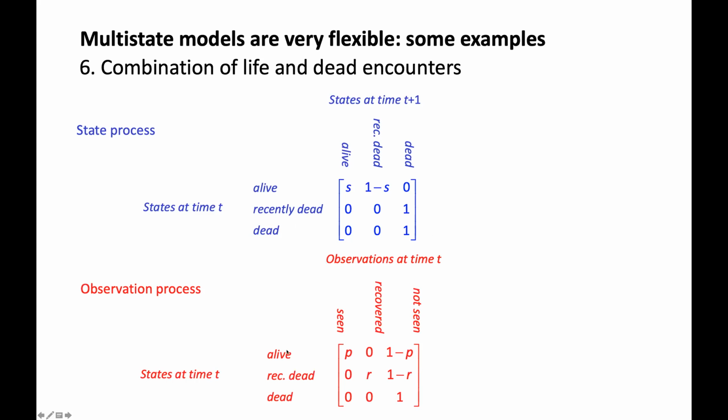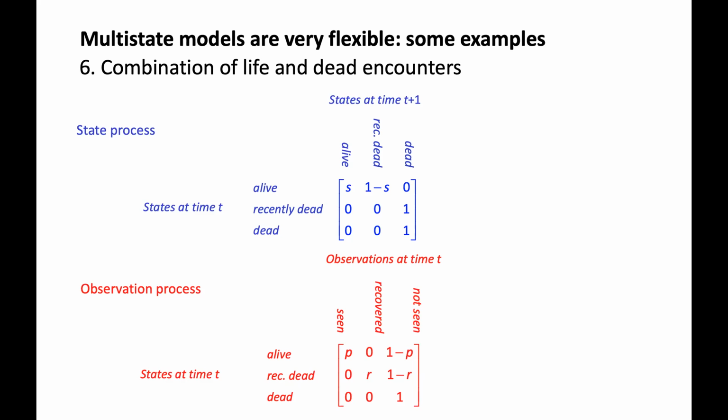And this is where things get interesting, in the sense that you have the two observation processes. If you're alive, the probability of being detected, seen or recaptured is the probability of detection p, like we saw before in the Cormack-Jolly-Seber model, or not seen with 1 minus p. And then there is the probability of being seen as dead, recovered dead.